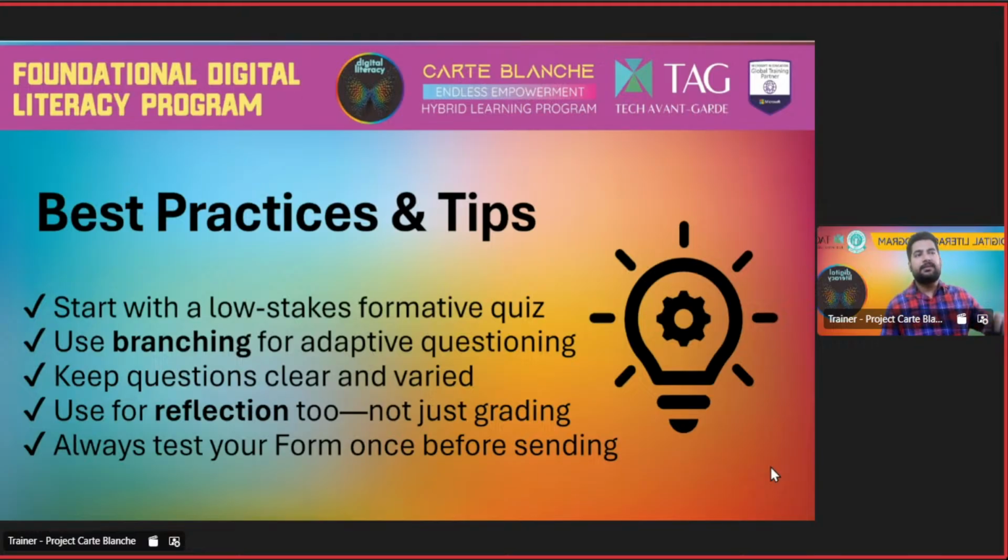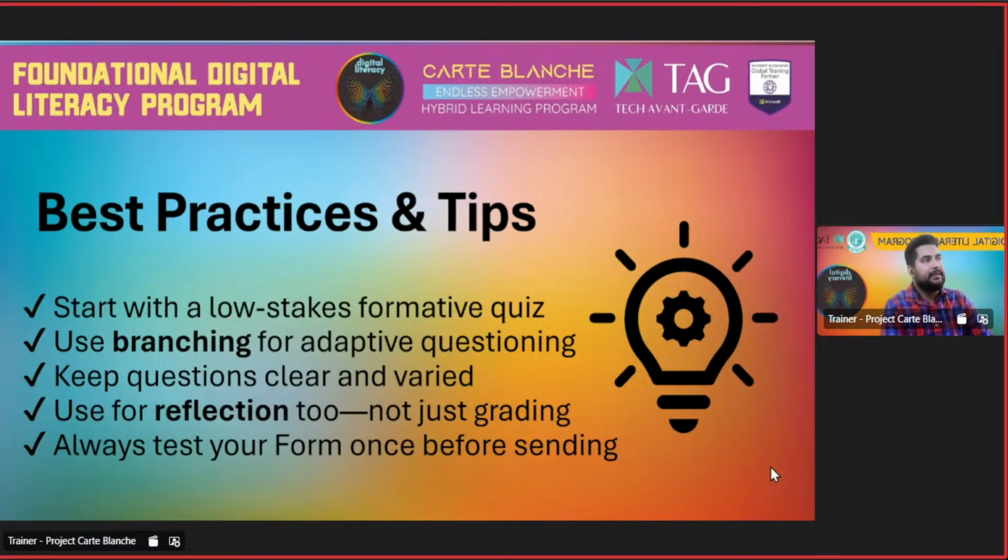So what happens? It automatically connects the logic based on my choice of answer. That feature is called the branching feature. Okay. So we need to understand this, and we start giving students these features to make them happier when they start using all of them. Keep questioning clear and varied. Use it for reflection too, not just for grading purposes.